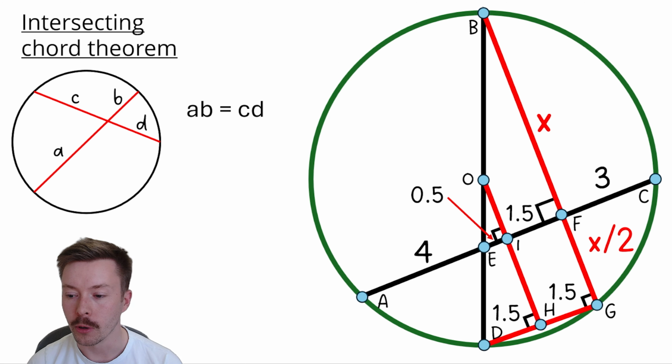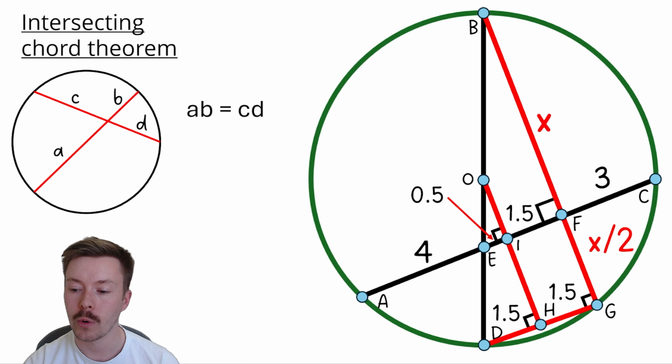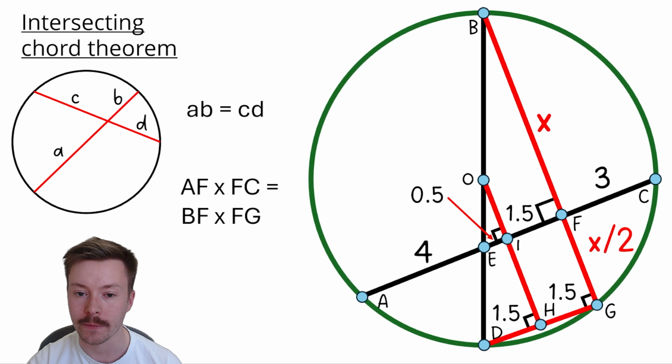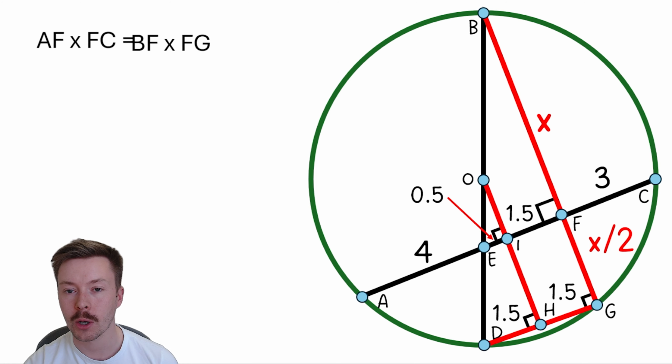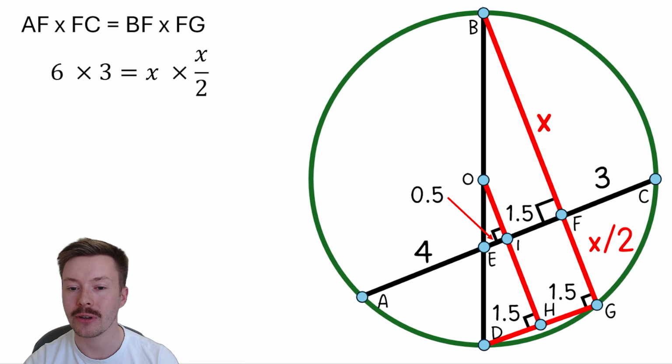Now, for our problem, we want to work out X, obviously, and we can use A to F times by F to C is equal to B to F times by F to G. Okay, now if we substitute in for what those lengths are, A to F is 4 add 2, which is 6, times 3, and B to F is X times by F to G, which is X over 2.